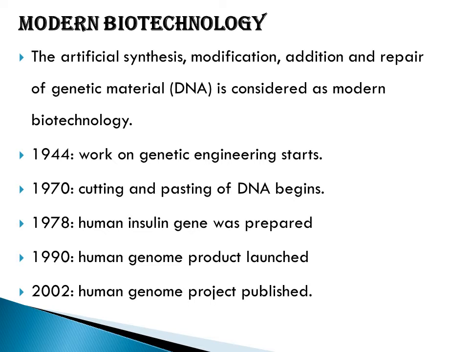In 1978, the human insulin gene was prepared. As we all know, insulin is a really important hormone of the human body, as it controls the sugar level in the blood. This insulin gene was artificially synthesized inside E. coli bacteria.